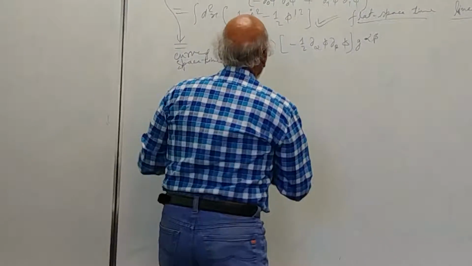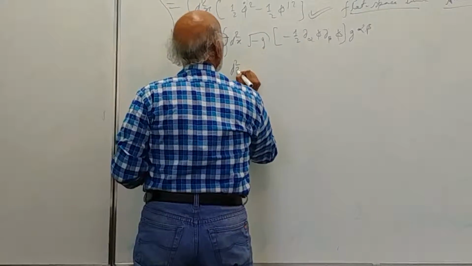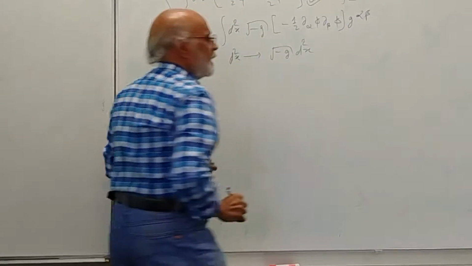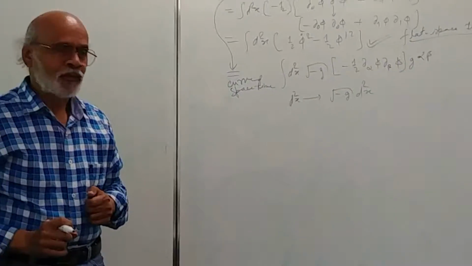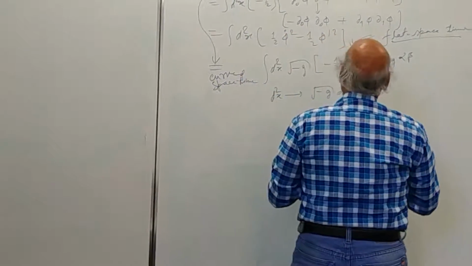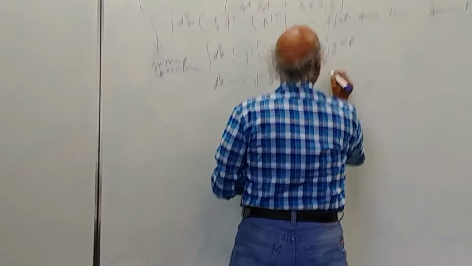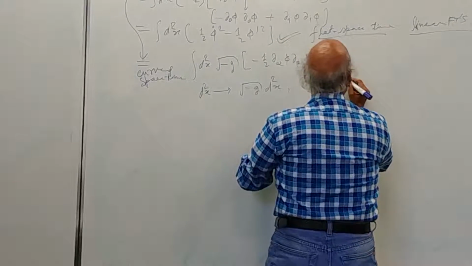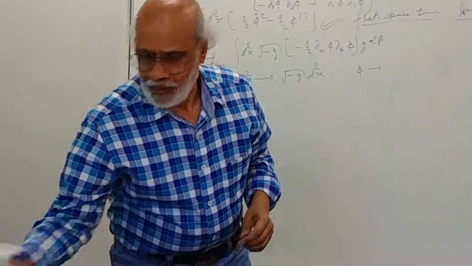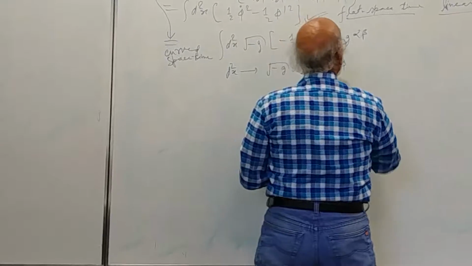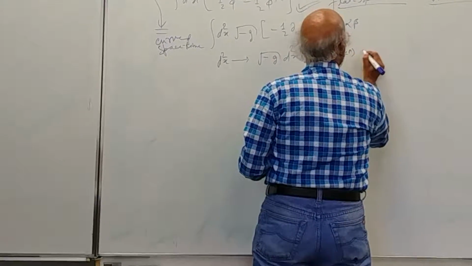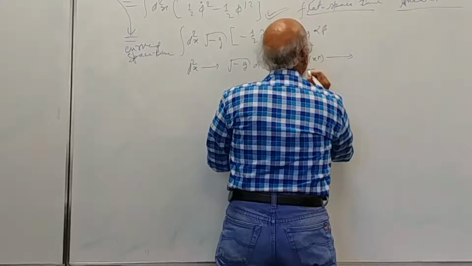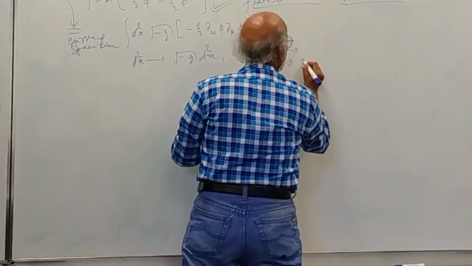Okay, so my invariant volume element d2x goes to minus d2x. And I want to replace phi by, as I said at the beginning, I would like to replace this. So this is phi. Phi is a function of x mu. Now I want to go from field theory to string theory.